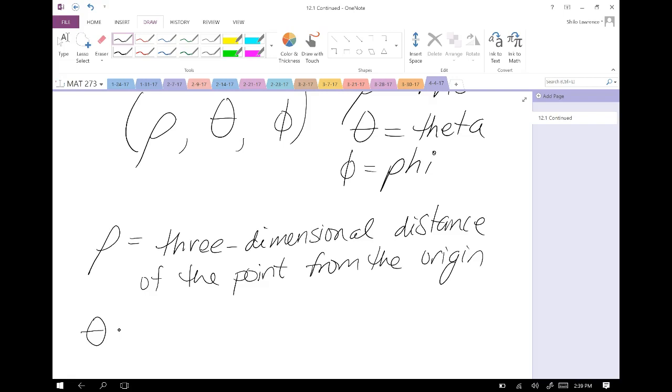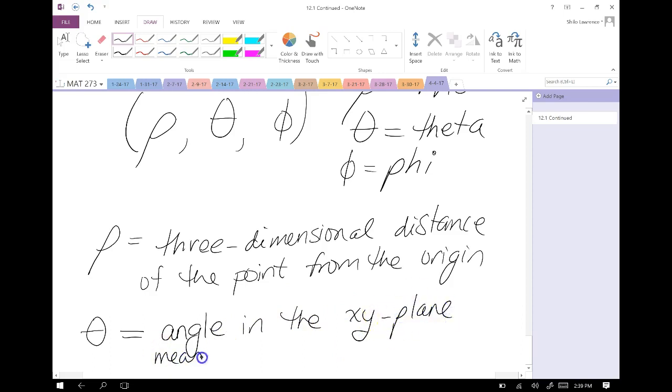It always measures it counterclockwise with respect to the positive x-axis. So the positive x-axis is 0, and then it goes counterclockwise from there. Exactly how we learn in trigonometry, okay? So this is just an angle in the xy plane measured counterclockwise from the positive x-axis.